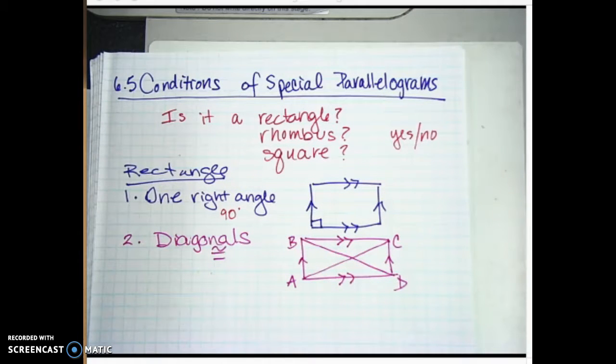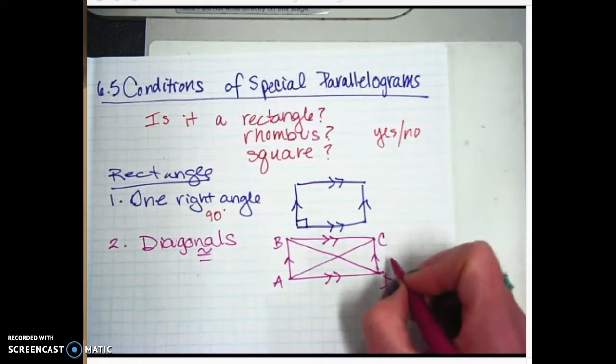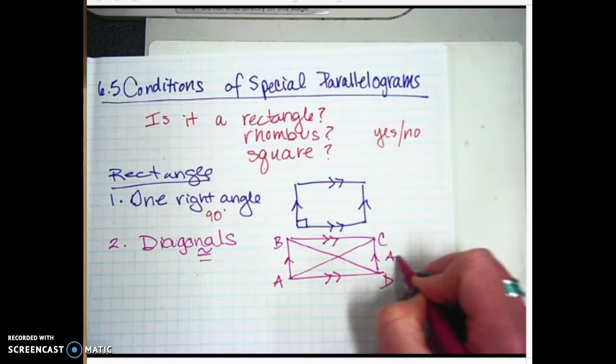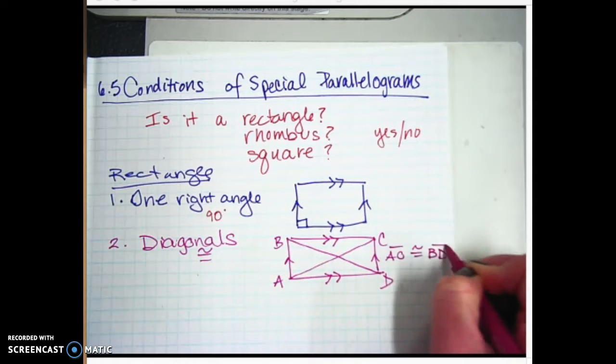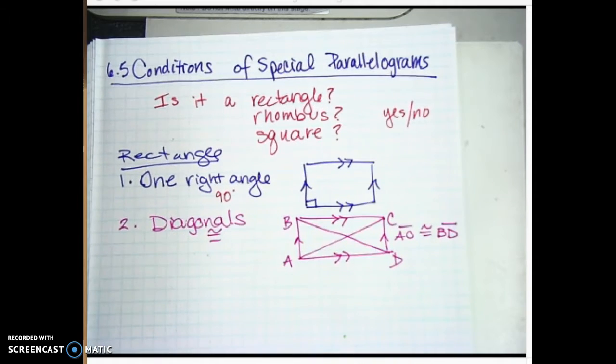Either they're marked with the same measurement, say one is 25 centimeters and the other is 25 centimeters, or they'll have tick marks showing that they're congruent, or they'll have a statement such as AC is congruent to BD. If that condition is met, then you say yes, it's a rectangle. Those are the two conditions for rectangles.